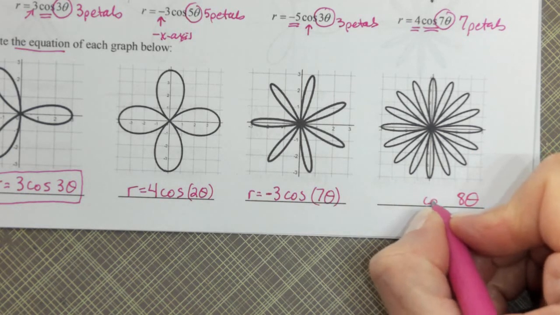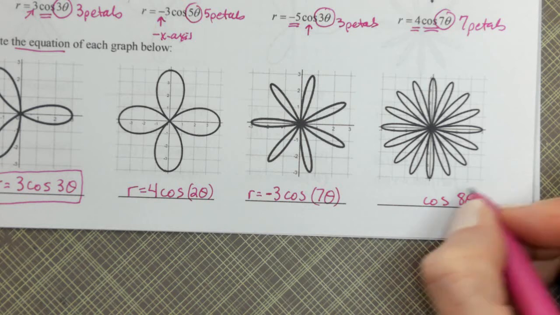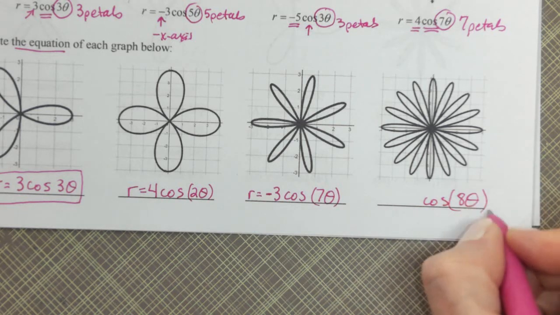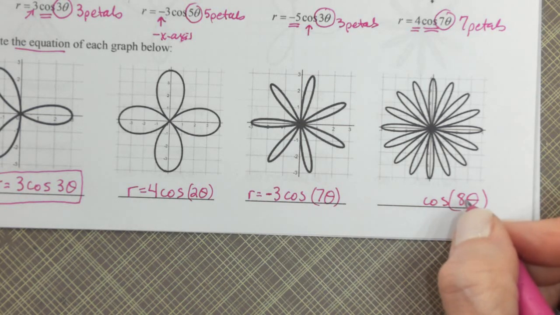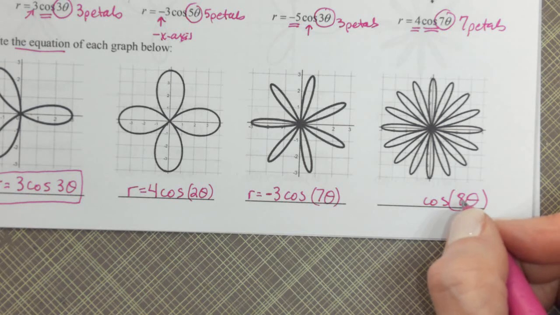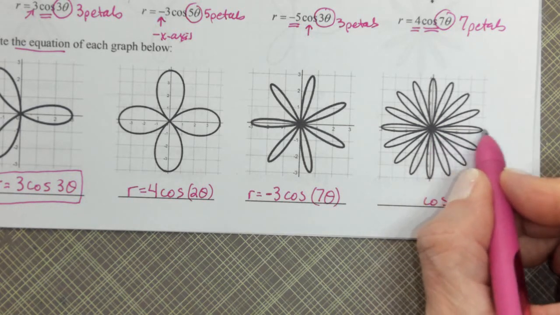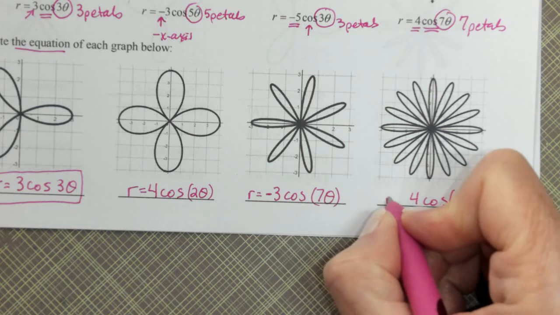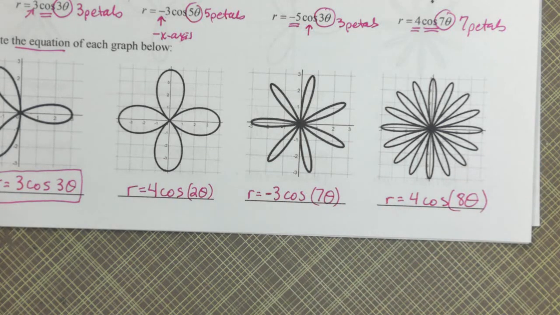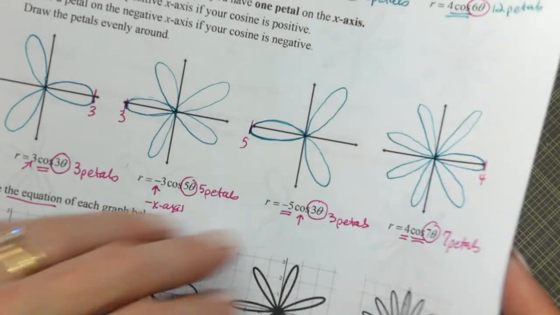It's going to be a cosine because we're on the x-axis. You don't have to put parentheses here, or you can. Either way is fine. Sometimes I do, sometimes I don't. Each petal has length 4. r equals.